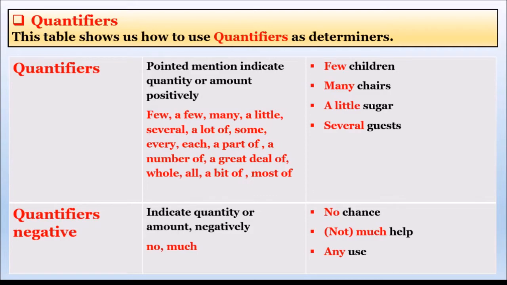Any determiner that refers even loosely to an amount or a quantity can be classified as a quantifier. So when we are talking about quantity or amount, this sort of determiner will be classified as a quantifier.